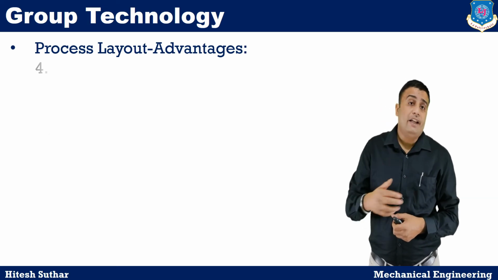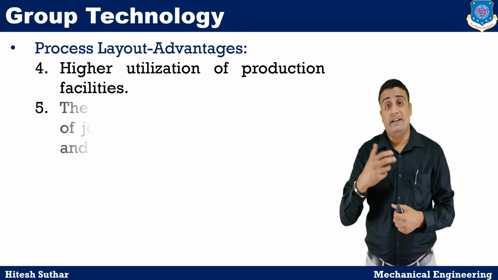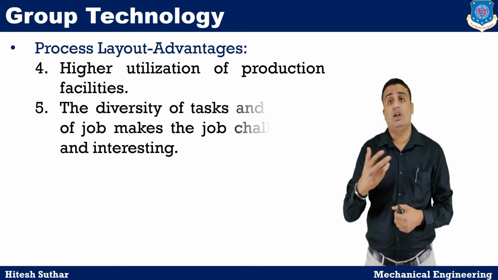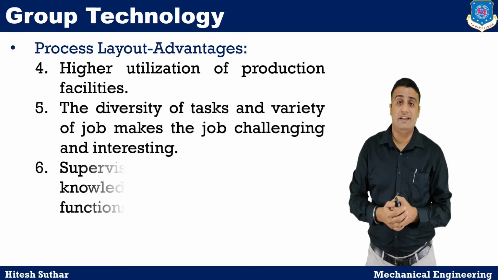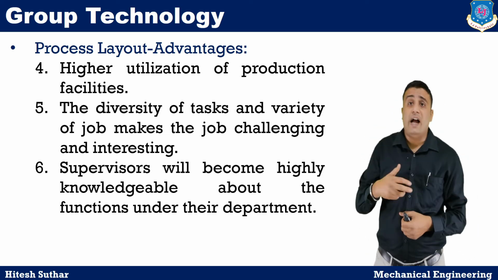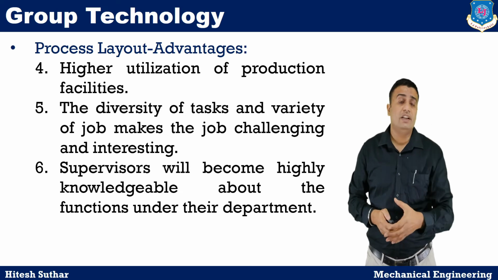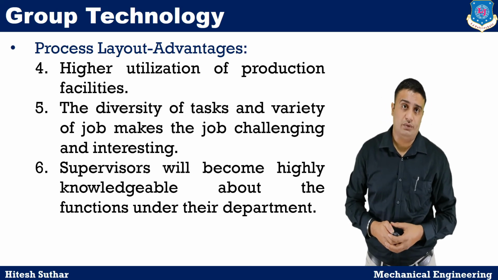Next is higher utilization of production facilities. Next, the diversity of tasks and variety of jobs makes the job challenging and interesting. Supervisors will become highly knowledgeable about the functions under their departments. So these are all the advantages of process layout.